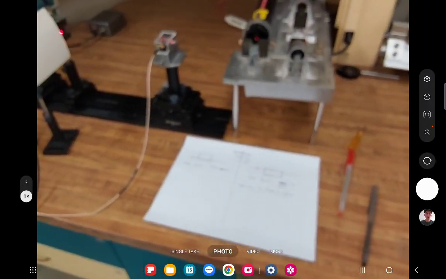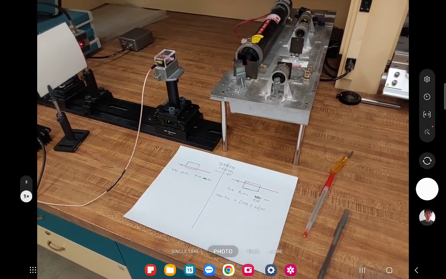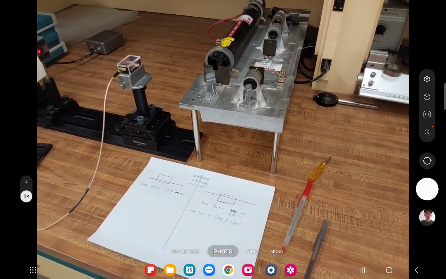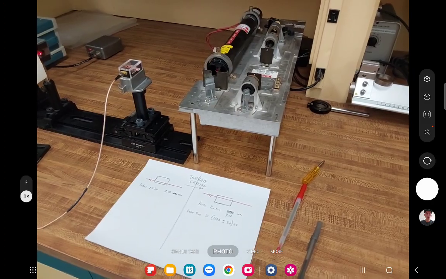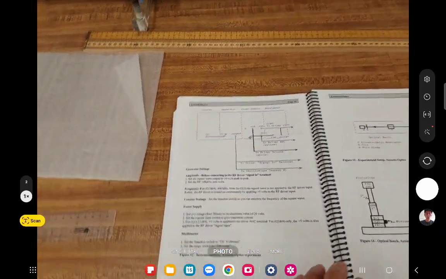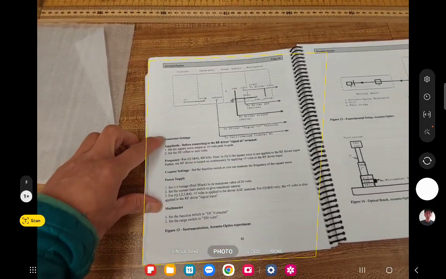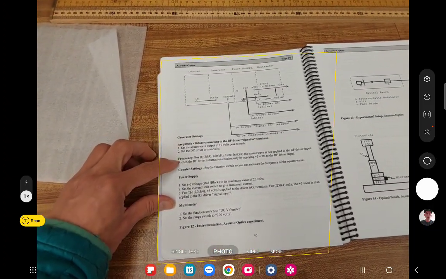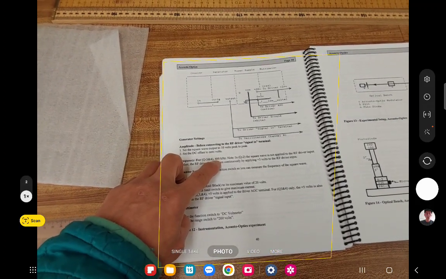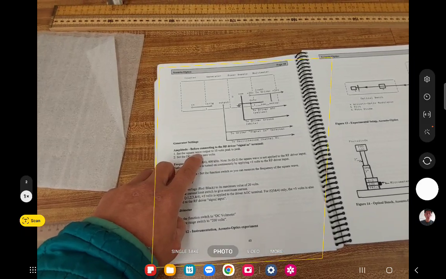So this video is for question 3 in the Acousto Optic Modulator lab. There are some settings that are mentioned in your lab manual for this lab. Right here it describes the generator settings, and in particular there's a 400 kilohertz square wave that's being asked for.